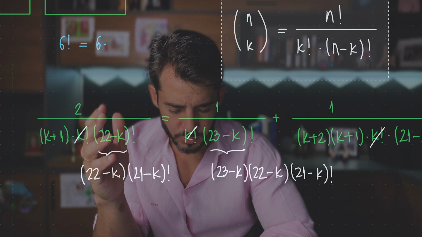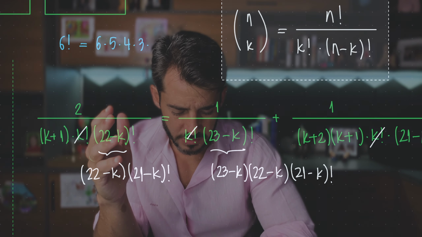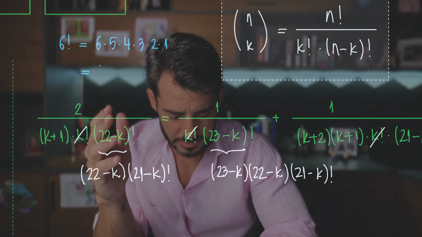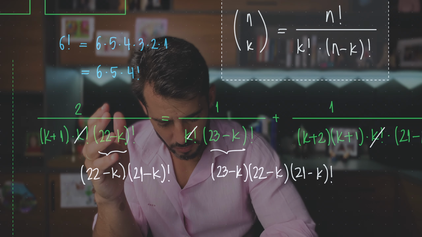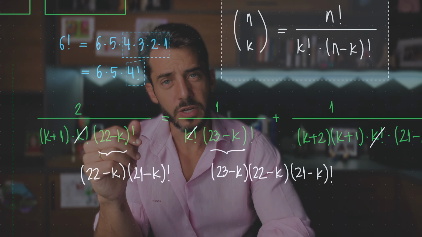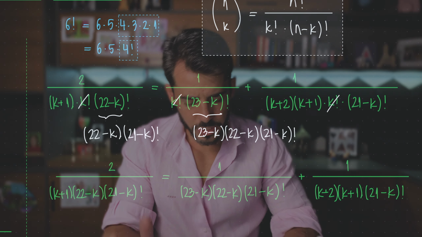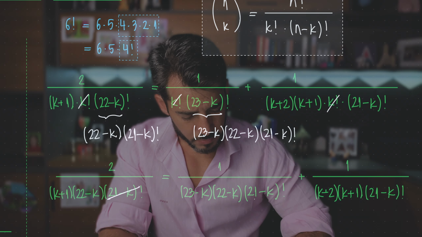Given that 6 factorial is 6 times 5 times 4 times 3 times 2 times 1, you can rewrite 6 factorial as 6 times 5 times 4 factorial, given that all these numbers, this product, is already represented by this 4 factorial here. And after writing the fractions, the quotients like this, we can also simplify the (21 minus k) factorials that show up.